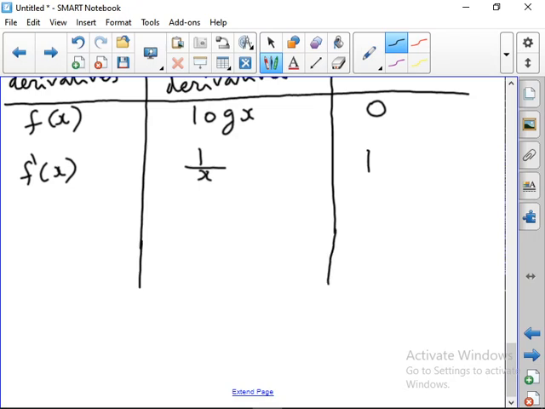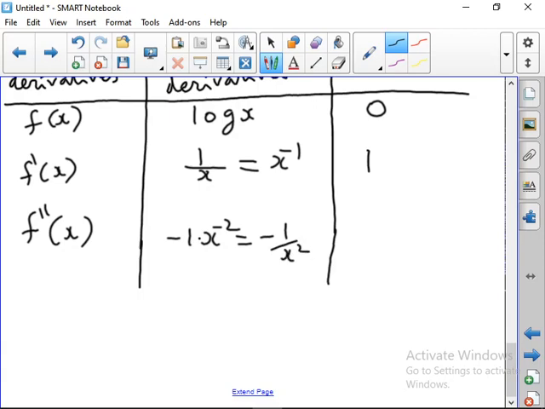Then f double dash of x. So this is nothing but x power minus 1. So when you differentiate x power minus 1, we get minus 1 x power minus 2. Nothing but minus 1 by x square. So when you put x is equal to 1, what you get? Minus 1.